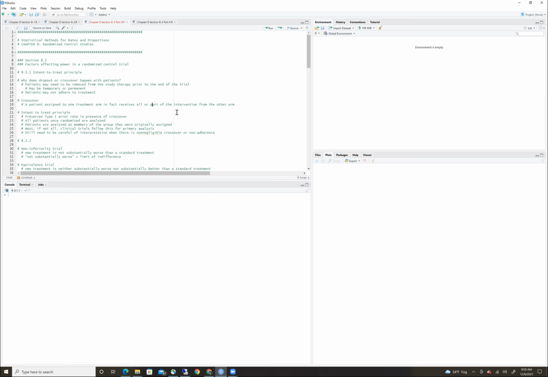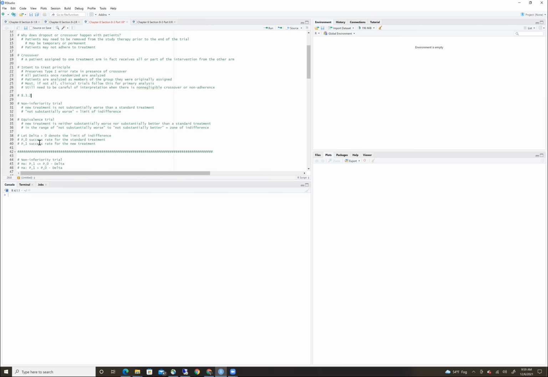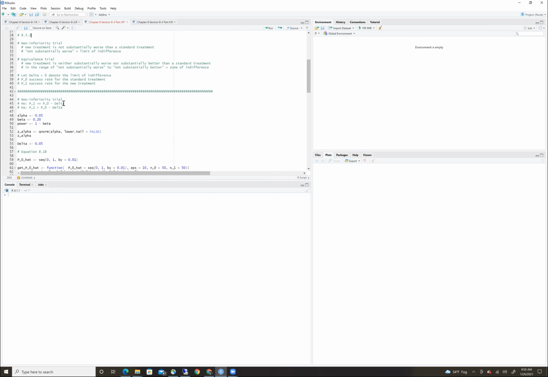All right. For subsection 8.3.2, we're going to talk about non-inferiority and equivalence trials. Okay, so a non-inferiority trial is when we are asking, is a new treatment not substantially worse than a standard treatment?